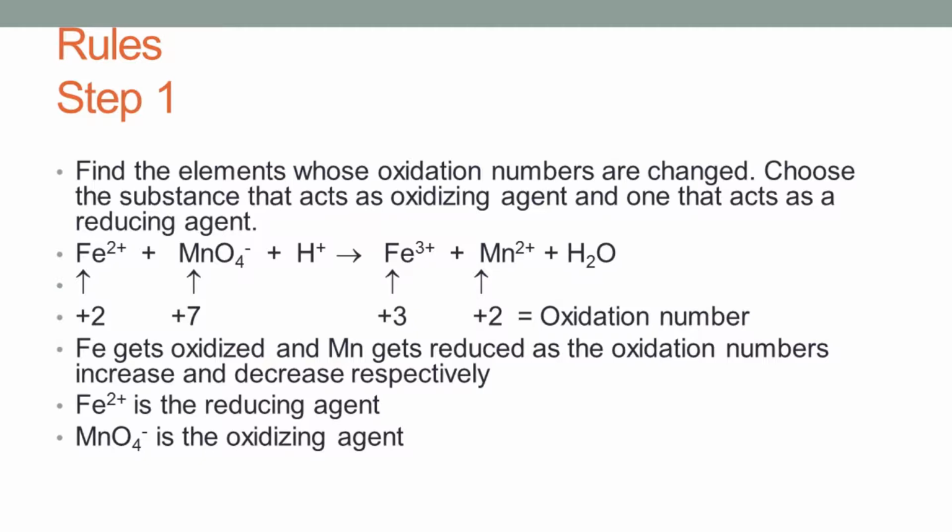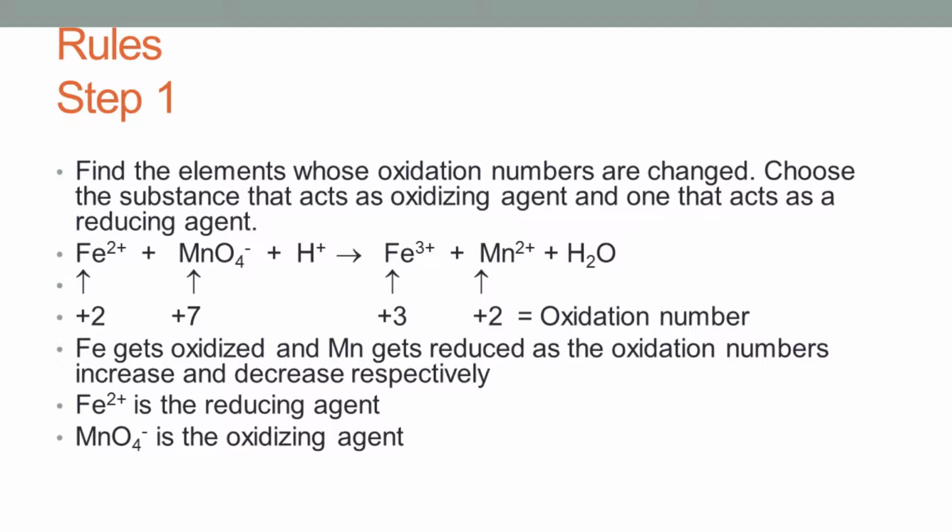Now, there are two other words that you may want to get familiar with: a reducing agent and an oxidizing agent. A reducing agent helps in the process of reduction. Reduction involves gaining electrons. Therefore, a reducing agent provides electrons. So in this case, iron provides electrons by losing one electron. Therefore, it's a reducing agent.